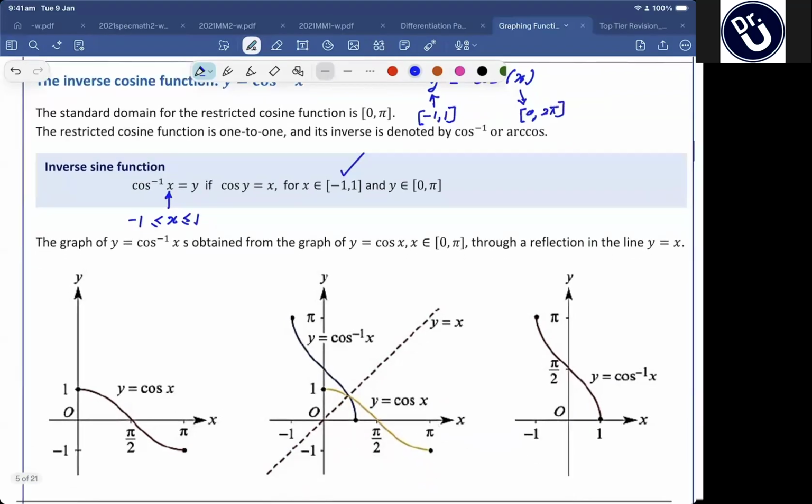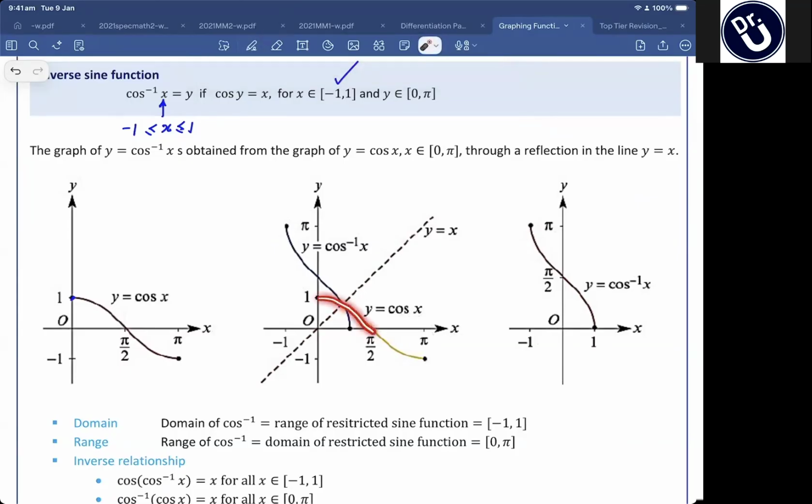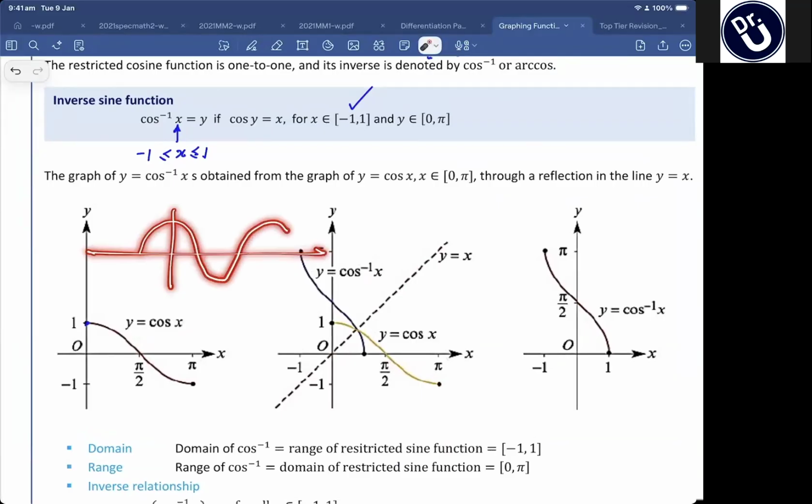And that is what I'm showing you here. Now, when it comes to plotting cos inverse, we are starting from here, right? So this is cos inverse 1, which is this one. This is cos inverse 1 is this one. So the cos graph looks like this, you know that. Okay. Now you might ask, we know that the cos graph is like this, right?